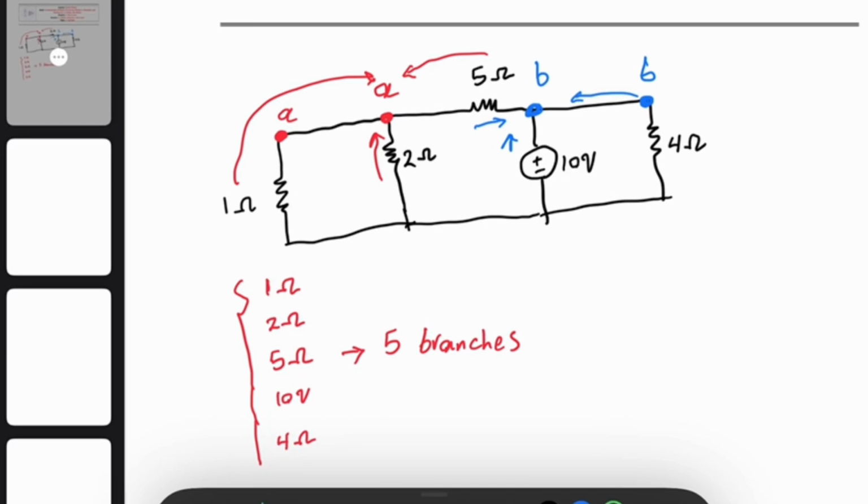And finally here I can assume this green one as the third node, node C, since it connects the 1 ohm resistor, 2 ohm resistor, 10 volt voltage source, and also the 4 ohm resistor. But since they are connected via wire, they are not different nodes, all of them are the same node. Therefore here I have 3 nodes.